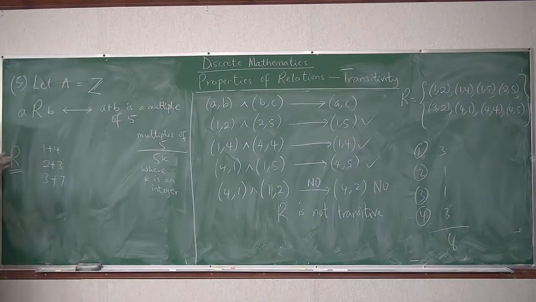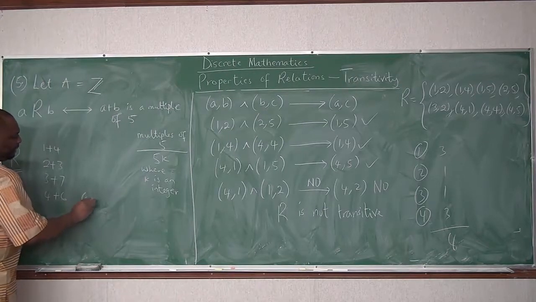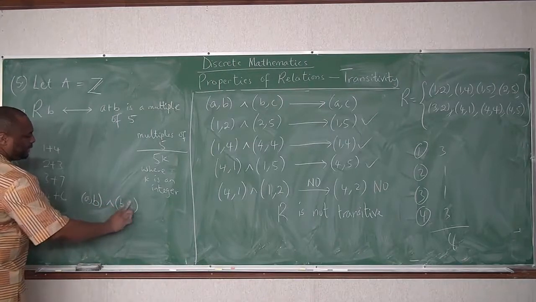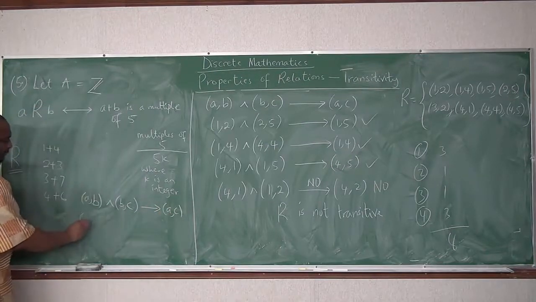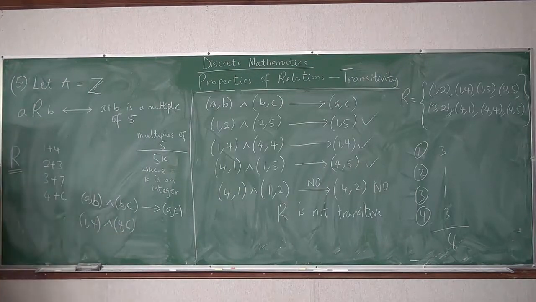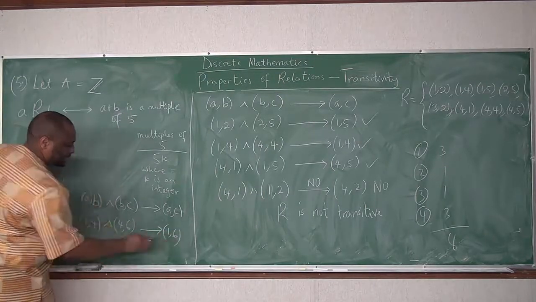But let's see if we can find 1, 4 and 4, 6. Remember this should be aRb and bRc implies aRc. So if we have 1, 4 and 4, 6, it should imply 1, 6, right?